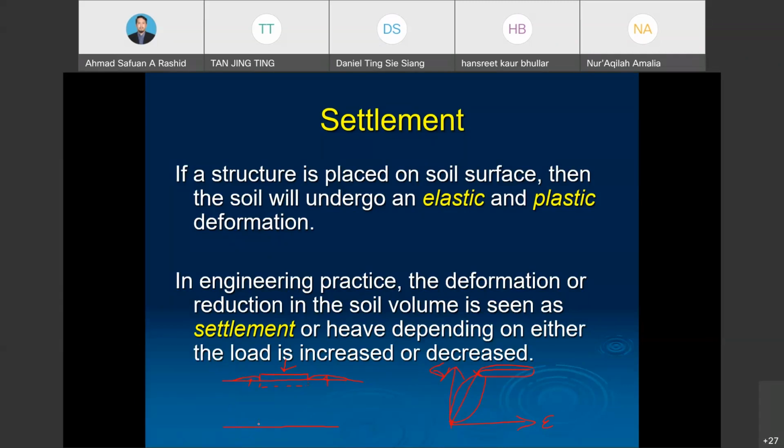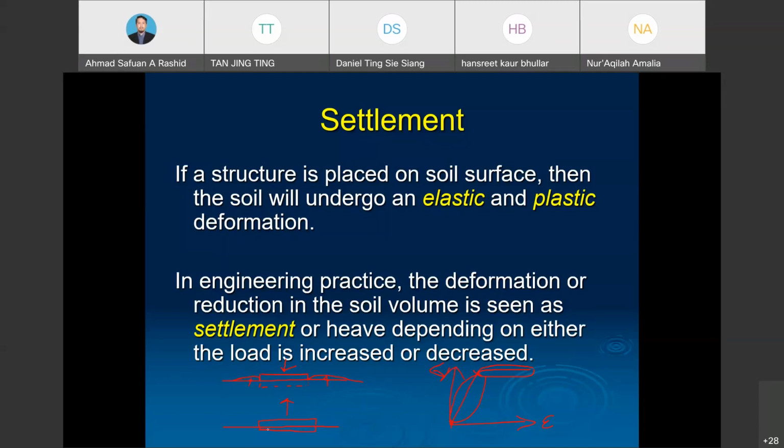In that sense, heaving occurs, or the soil will behave in a swell condition. So when we unload or decrease the load, the soil will try to heave upwards. Kalau sebelum ni dia turun ke deform ke bawah.